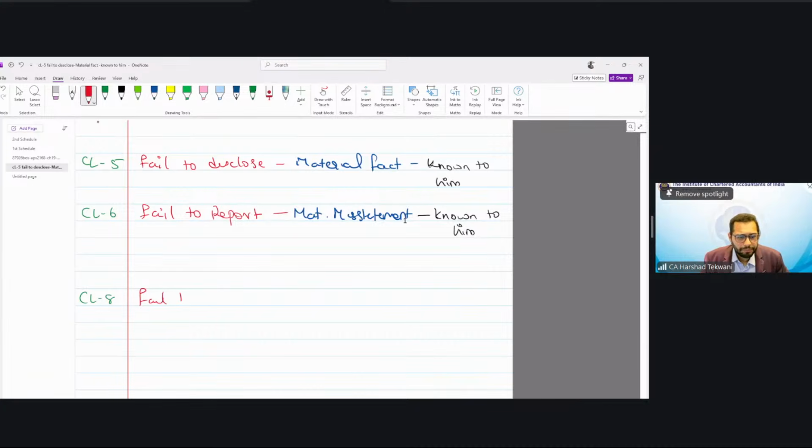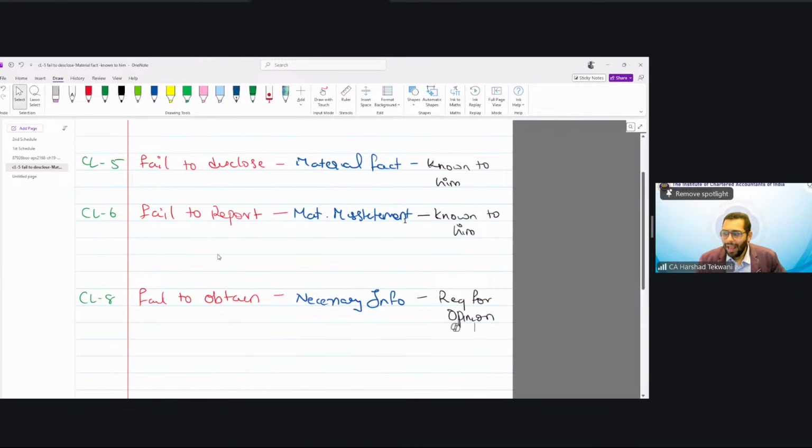Fail to obtain necessary information which is required for opinion. Okay. And clause 9.